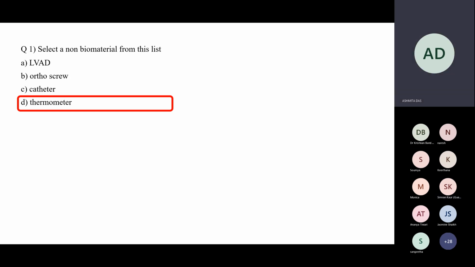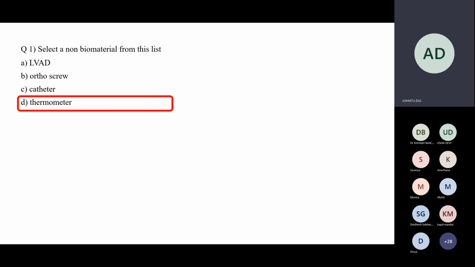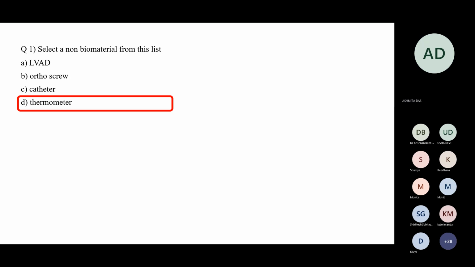So what is the next, ortho screw? Can anyone tell me what is an ortho screw and what is the use of an ortho screw? It's basically a titanium screw for artificial knee replacement.